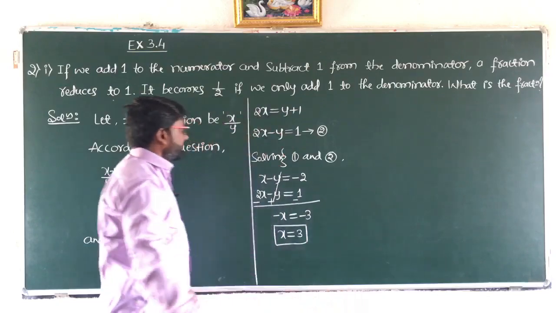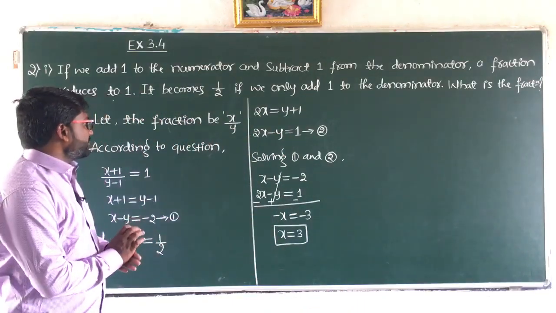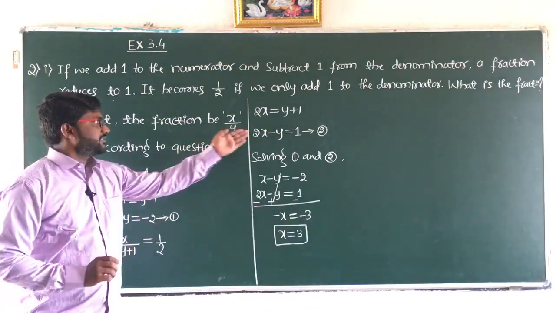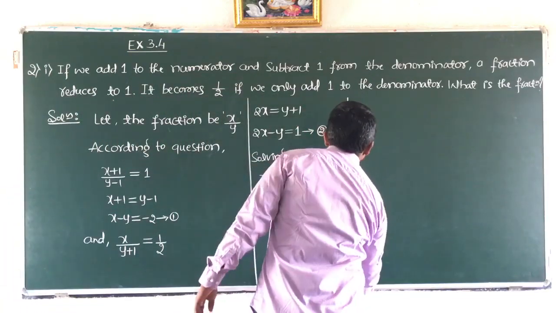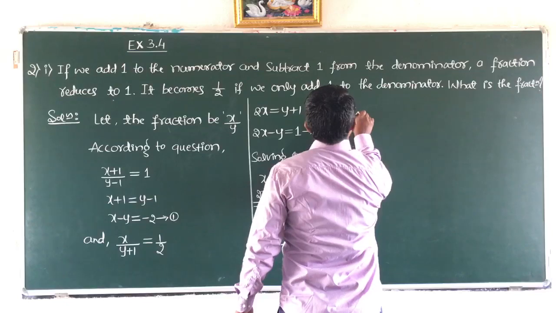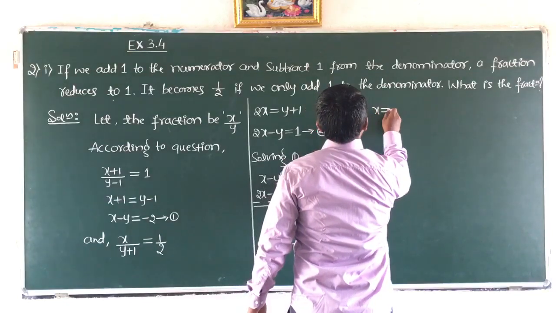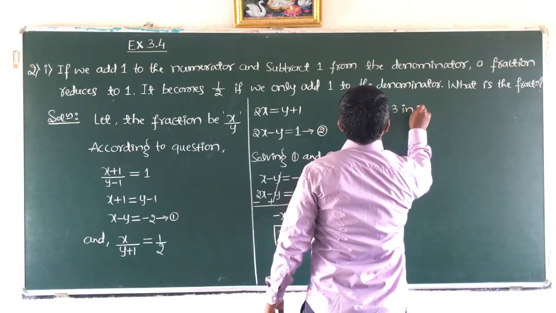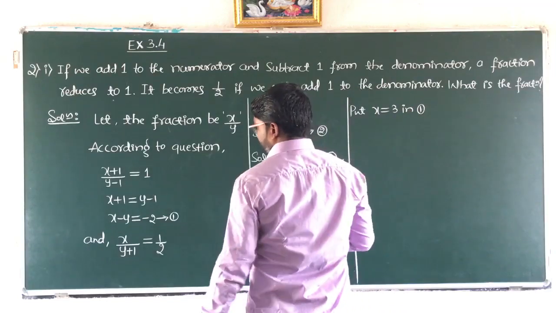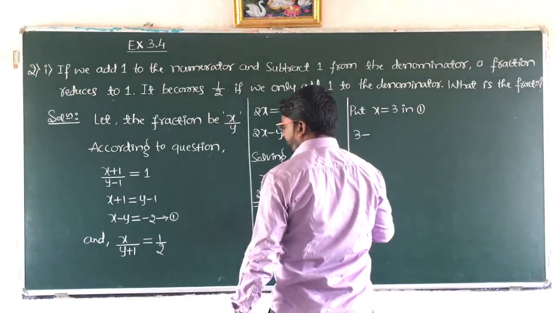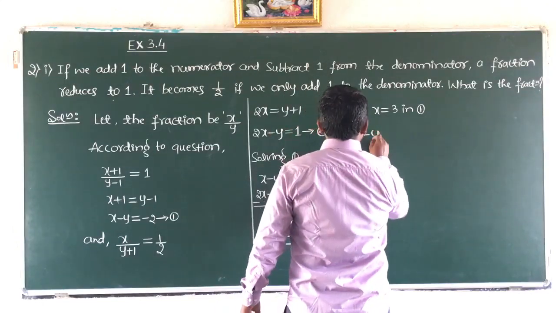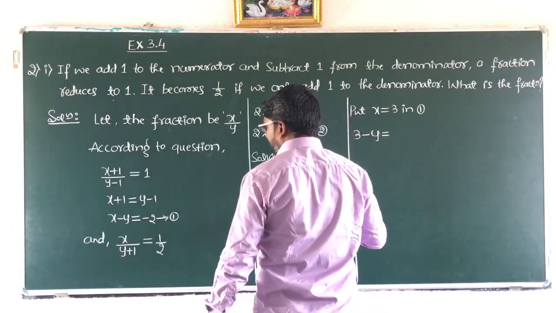Now we have to substitute x equal to 3 in equation 1 or equation 2 to get the value of y. So, put x equal to 3 in equation number 1. 3 minus y is equal to minus 2.